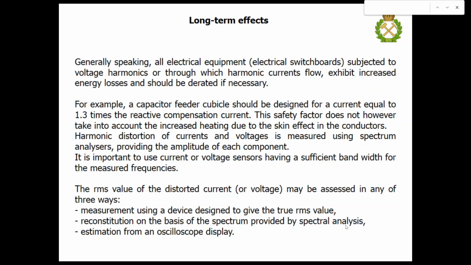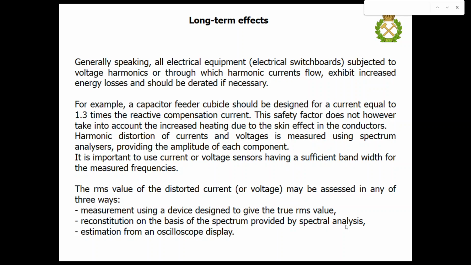Also, such effects are extremely negative for capacitor banks, which are intended for reactive power compensation. And when we want to know the level of such distorted current or voltage, we should use some ways to get information about it. The first way is measurement using devices intended to give the true RMS value of current or voltage.